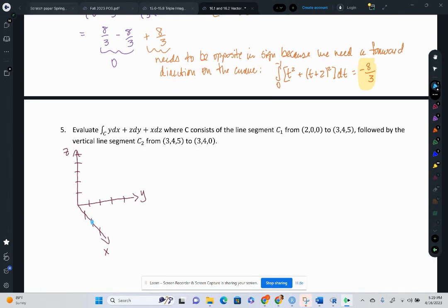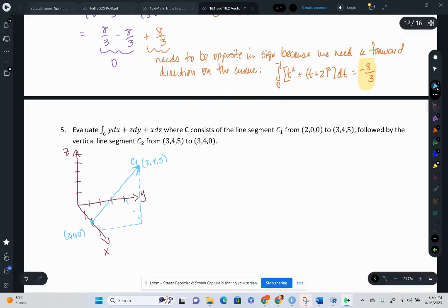So 345, go 1, 2, 3, and then go out 1, 2, 3, 4. Okay, so that's where it would be on the XY plane. Now we go up 1, 2, 3, 4, 5 units. Okay, that's 345. So this was 200 to 345. This gives me C1.